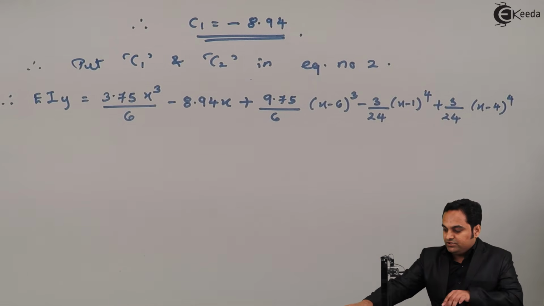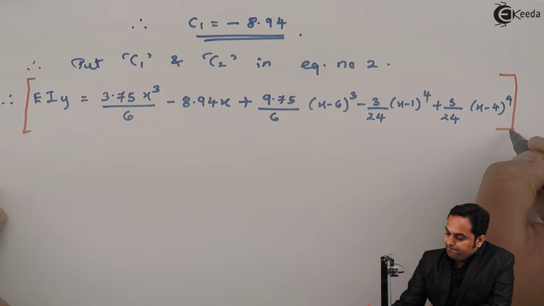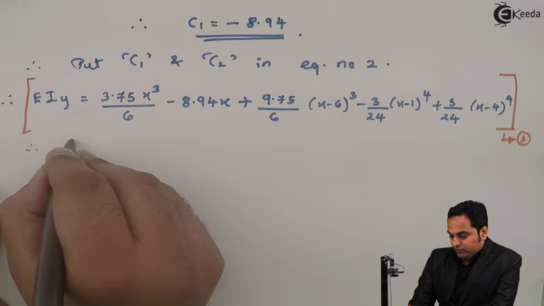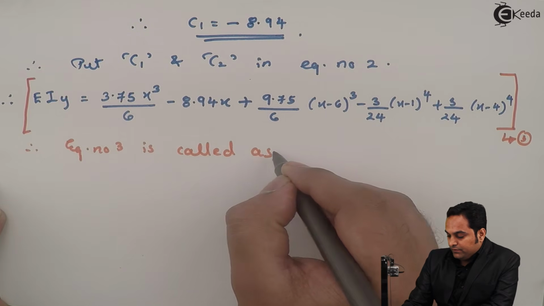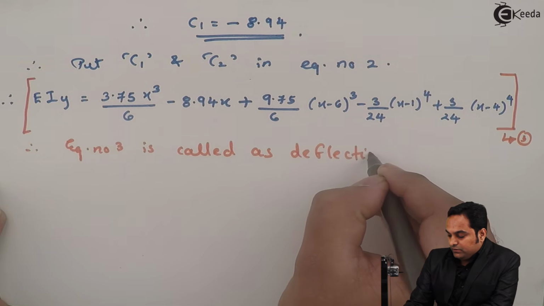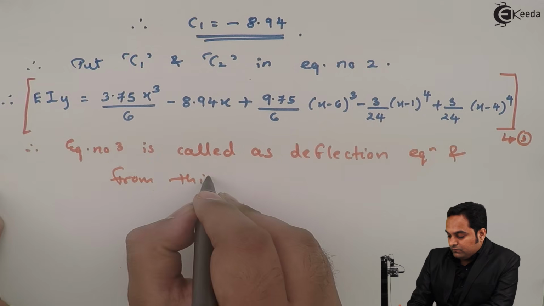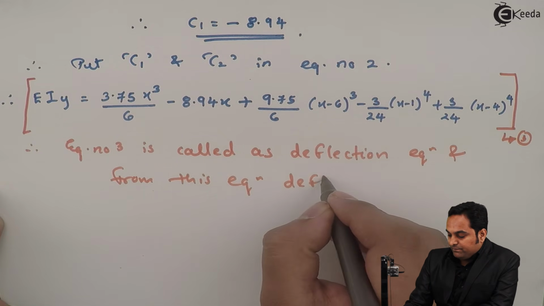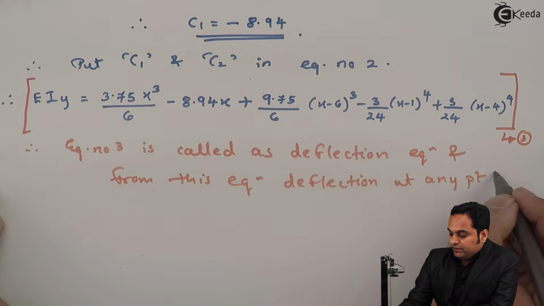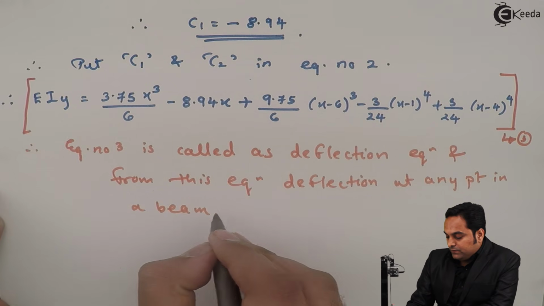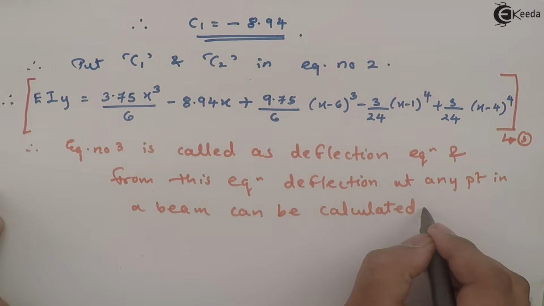So here this equation which I have got by putting the values of constant, equation number 3, is called the deflection equation, and from this equation deflection at any point in a beam can be calculated.